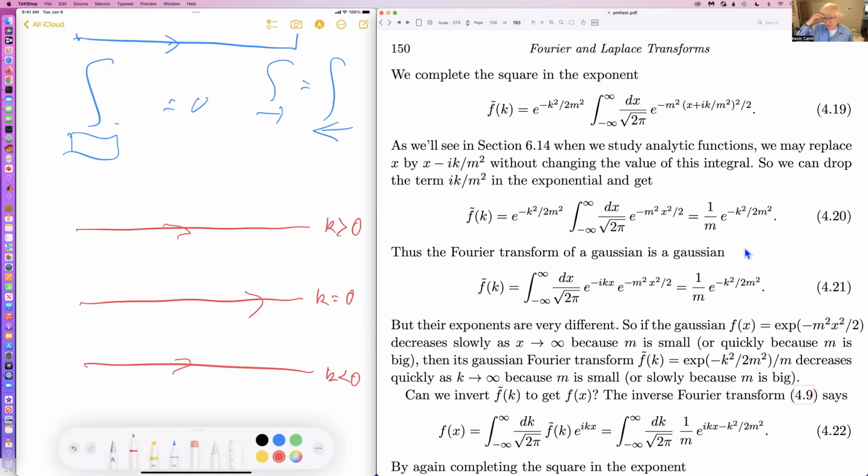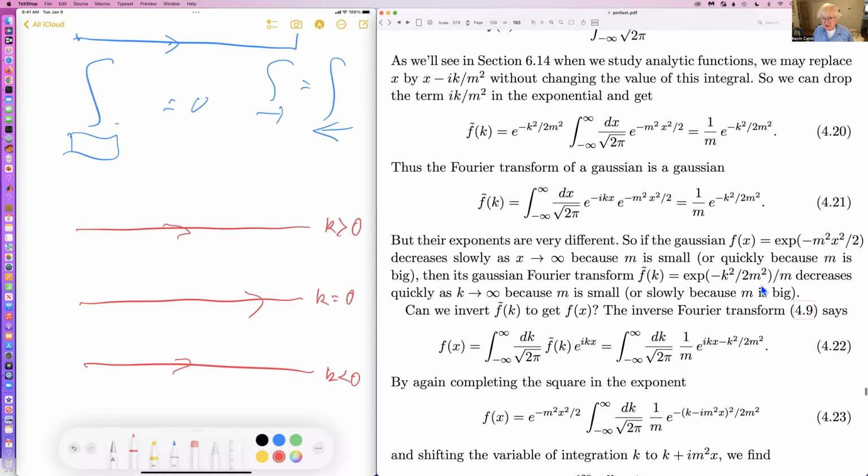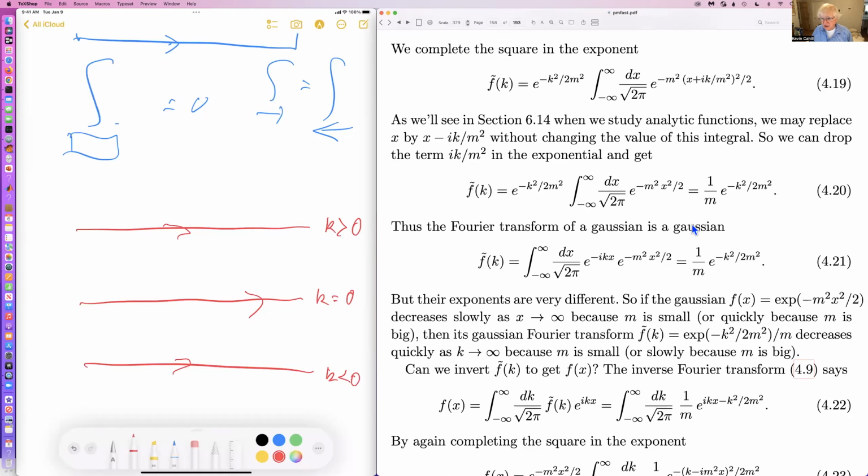And so what we found is the Fourier transform is a Gaussian. And as I said to you last time, if m is small, then f tilde of k is a very sharp Gaussian.